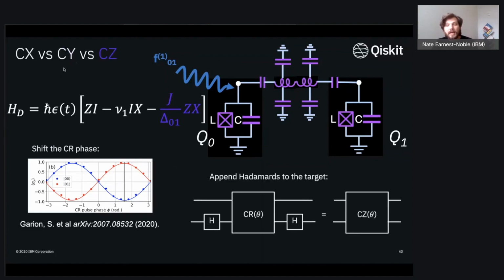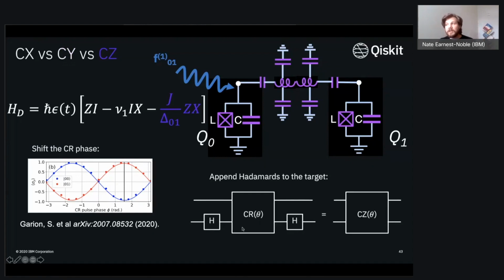Similarly, you can get this CZ gate by applying Hadamards onto your target qubit. What this is saying is that your CZ gate is locally equivalent to a CX gate, in the sense that you apply Hadamards on your target, and in this way you can take a CX gate and turn it into a CZ.